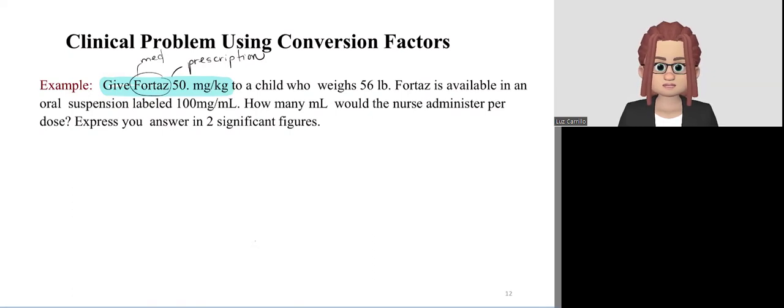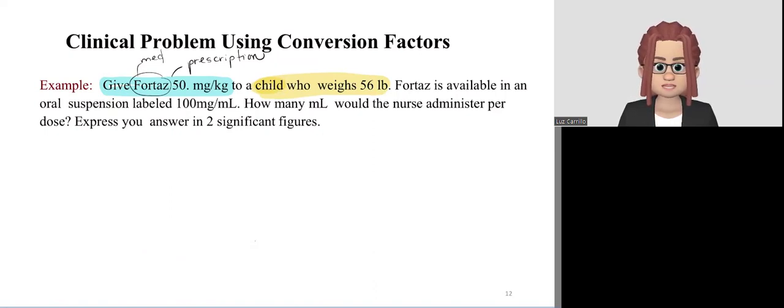The next information that we have here is the weight of our patient. Our patient specifically is a child, and the child weighs 56 pounds. Next, we have how much of the medication we have on hand.